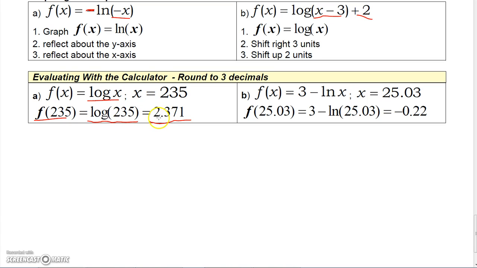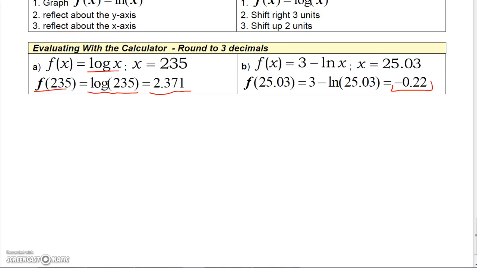So if you raise 10 to the 2.371 power, you'll get 235, approximately anyway. And then this one says 3 minus natural log of x, and if you evaluate that function at 25.03, you get 3 minus the natural log of 25.03. Do this calculation on your calculator and make sure you can get negative 0.22.